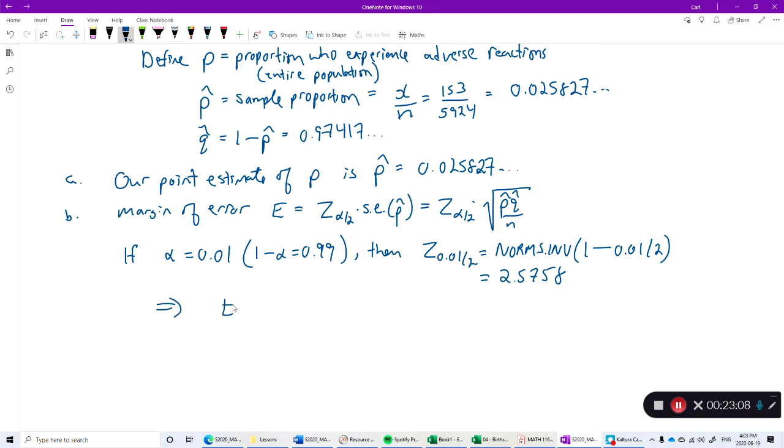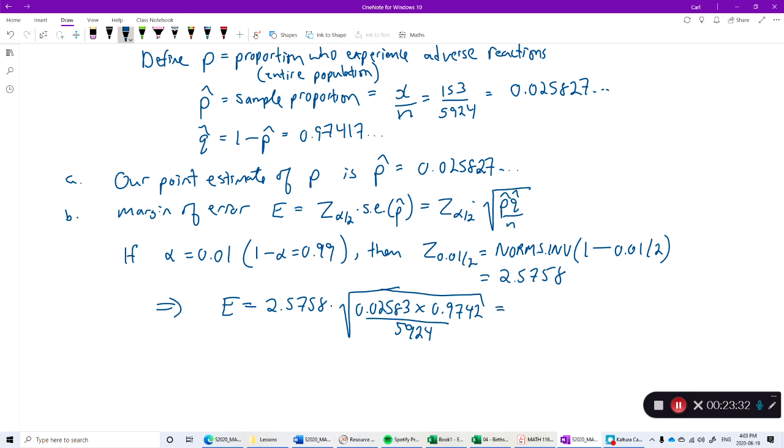So what do we get? E is 2.5758 times the square root of 0.0258 times 0.9742 divided by N. What was N? N is 5,924.